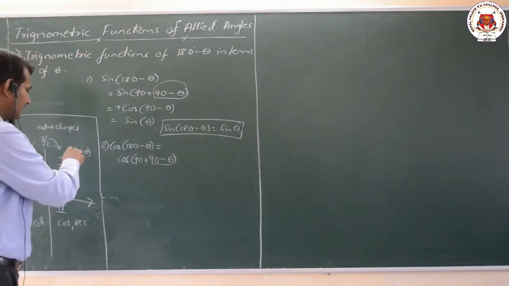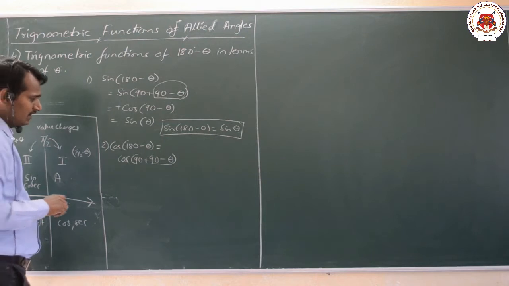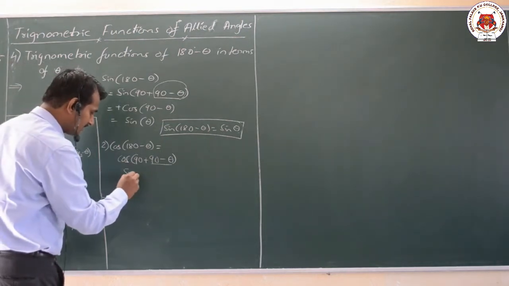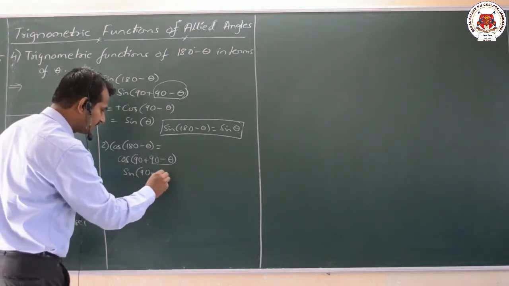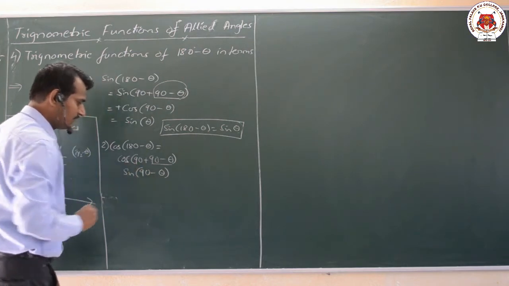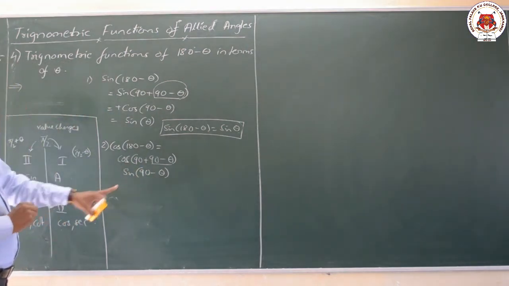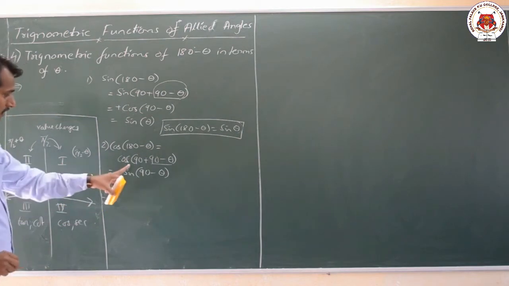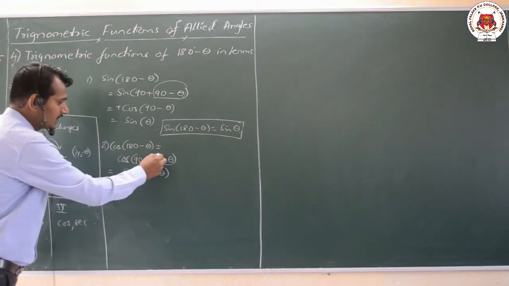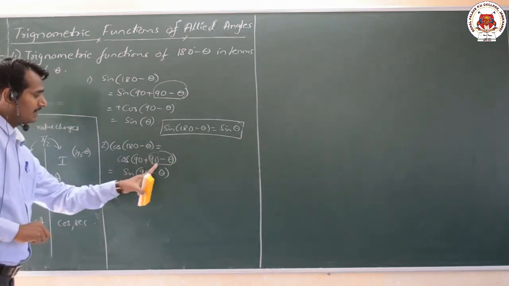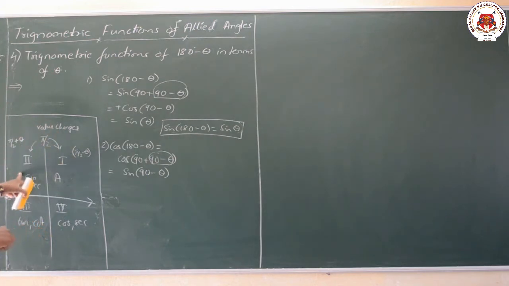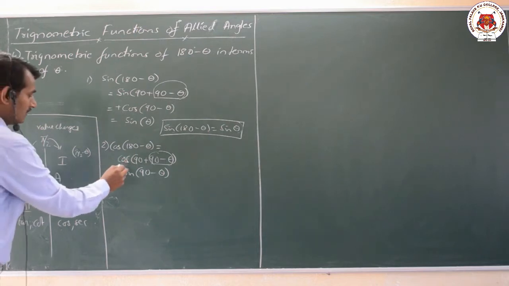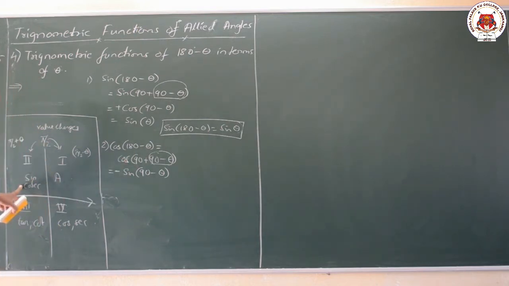Cos changes to sine. 90 plus theta comes in which quadrant? Second quadrant. In the second quadrant cos is negative, which is very important to understand.